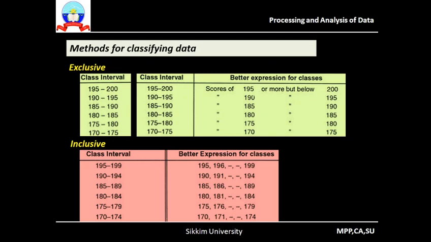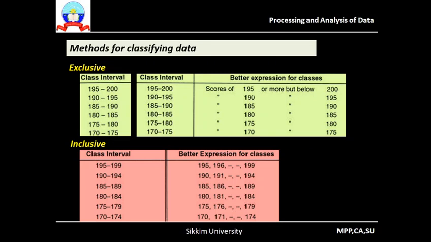Now in case of inclusive, we have a class interval 195 to 199. Here we'll include all the scores from 195 to 199, which includes 195, 196, 197, 198 and 199. So this is the difference between exclusive and inclusive, right?